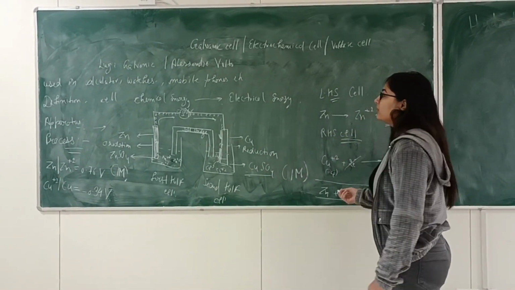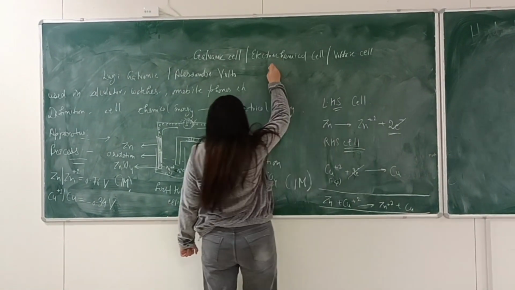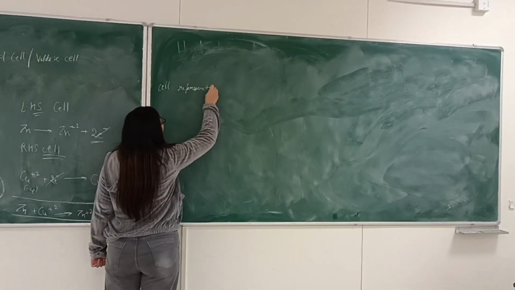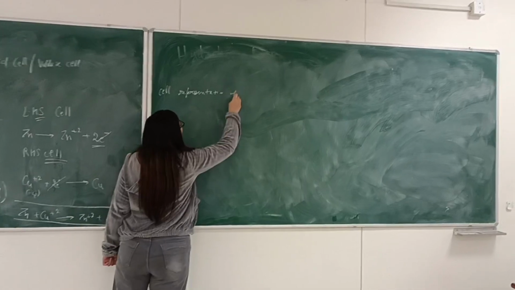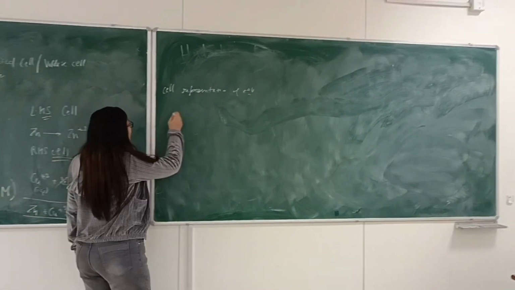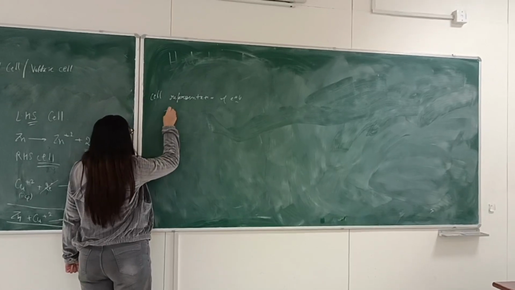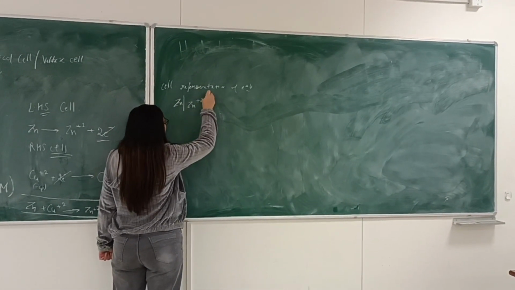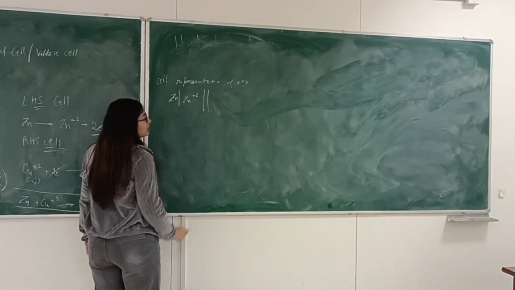Now, there is also the cell representation. Here we will write the oxidation, that is zinc converting into zinc 2 plus. This one is the salt bridge.